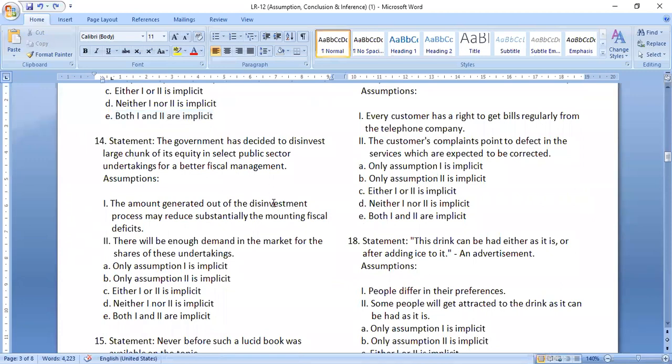Okay, 14. So the government has decided to disinvest a large chunk of its equity in select public sector undertakings for a better fiscal management. Okay, so it's going to disinvest large chunks of its equity. Equity is the amount of money in select public sector undertakings for better fiscal management.